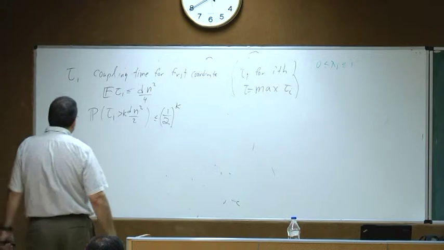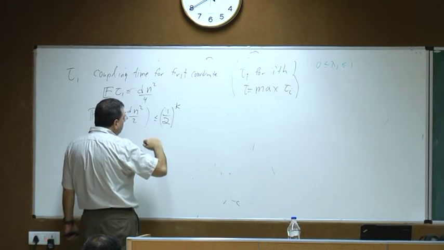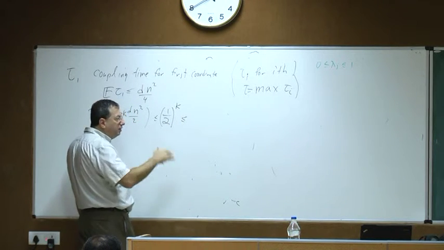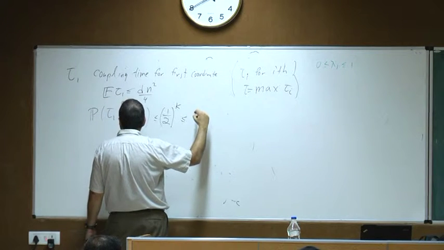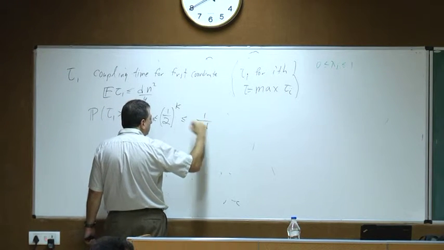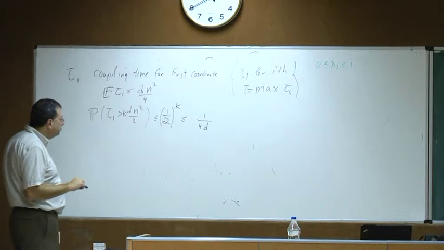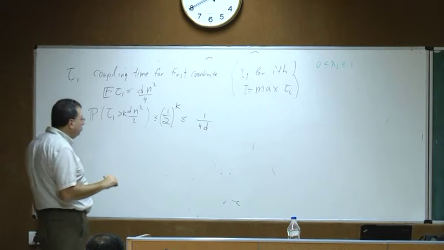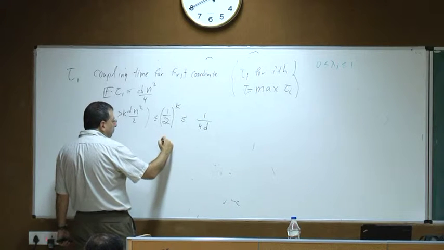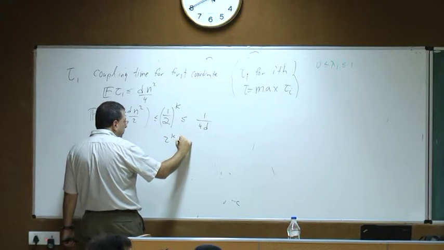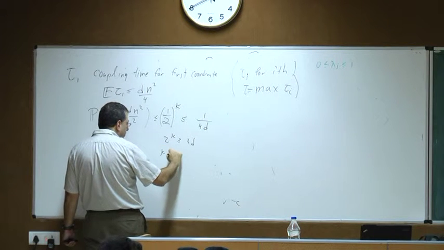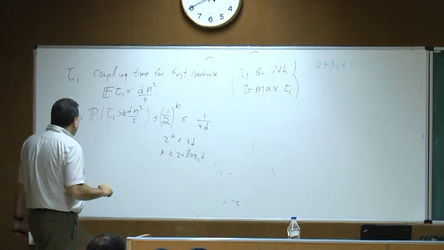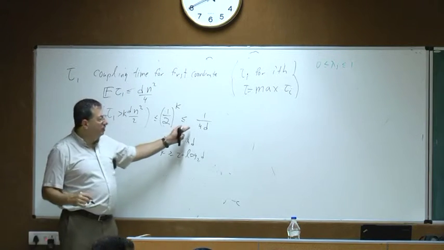So suppose I'm just going to make this small enough. How small? I want this to be small so I can add this up over all coordinates. So if this is, say, less than 1 over 4d, then we're going to be in business. So we want 2 to the k to be bigger than 4d. So k should be at least 2 plus log base 2 of d. And if we make k this large, then we will have this inequality holding.